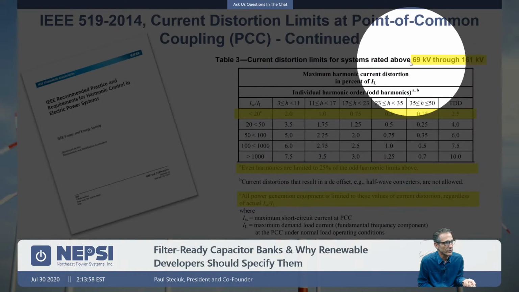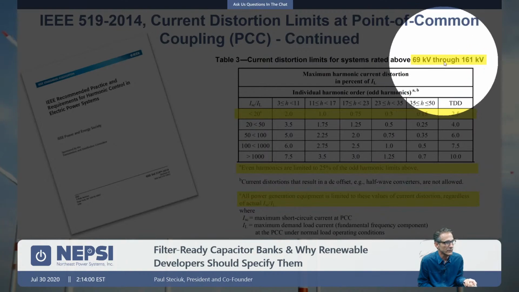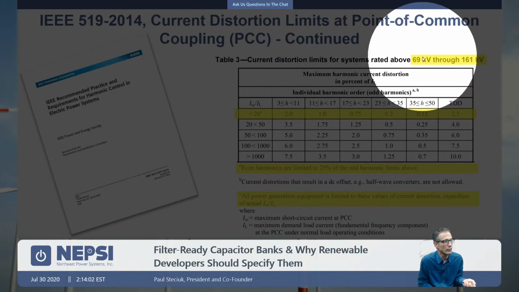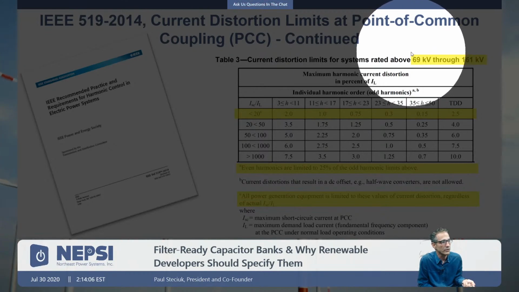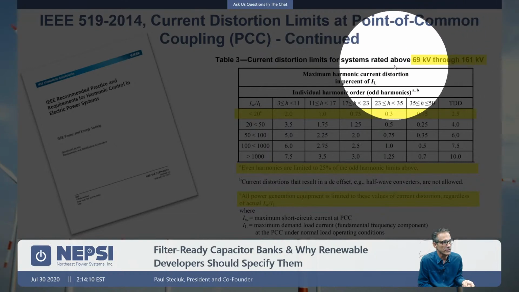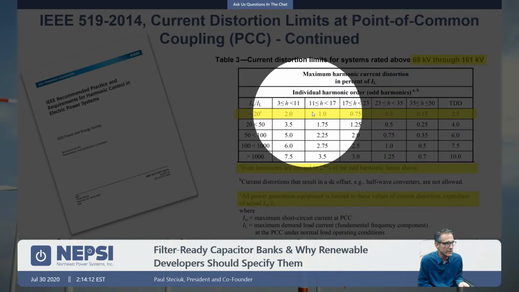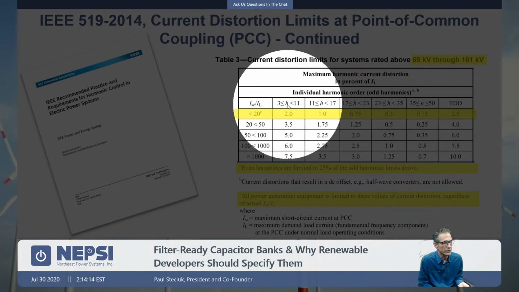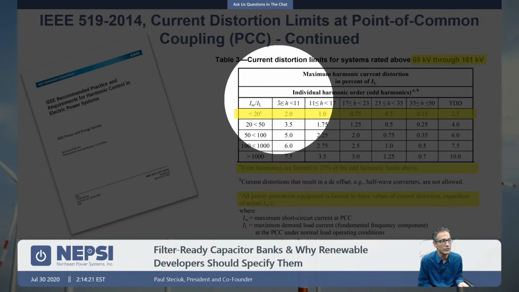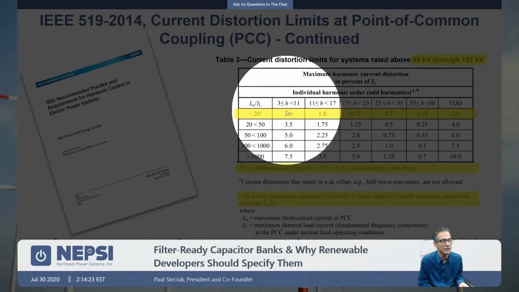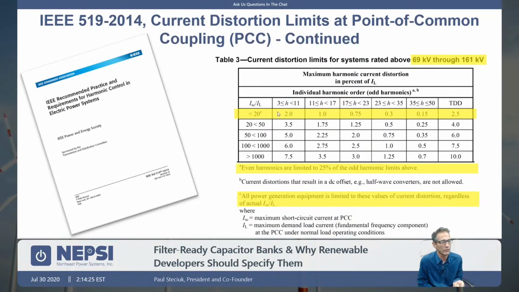Again, these tables are split up based upon the voltage level of the PCC, or the point of common coupling, or the point of interconnect, the POI. So if the point of interconnect is at 69 kV through 161 kV, we're in this bucket here. And we're saying that the harmonics between the third and the 11th, basically anything greater than or equal to the third or less than the 11th, must be 2% or less.